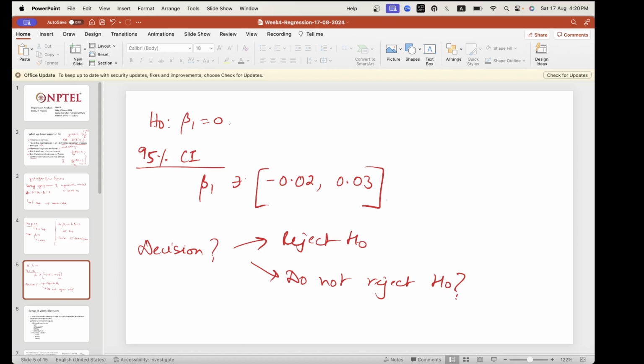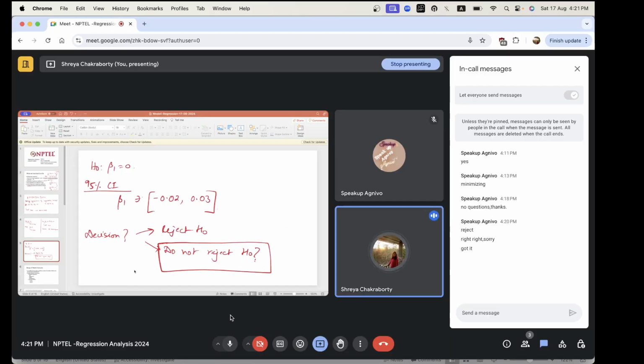So if we are very sure that it lies between this and this, then we do not have sufficient evidence to reject this possibility. So then the decision would be do not reject H naught. Am I clear? Yes. Okay.